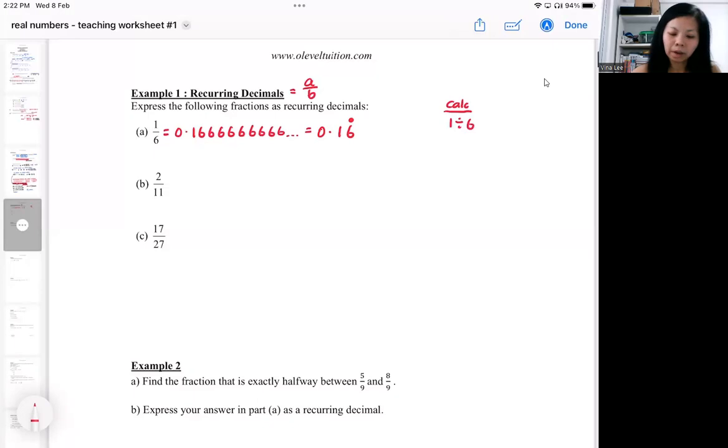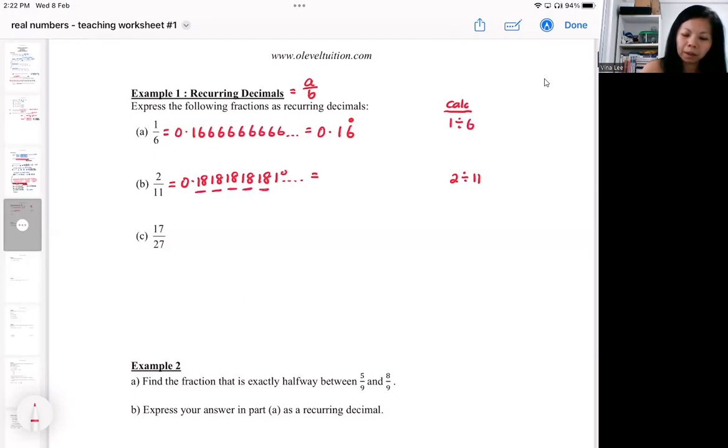Okay, so let's observe another type of recurring decimal. If you have 2/11, you can punch divide by 11. You will see something like 0.18181818181. So what is being repeated here?